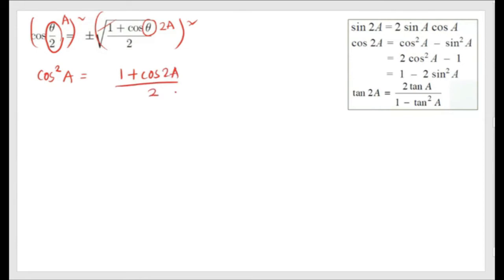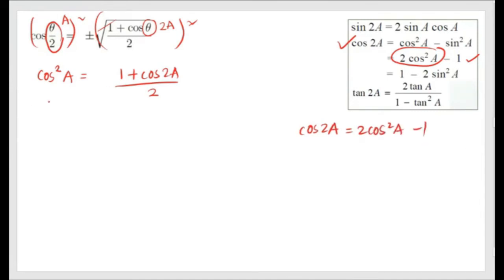So which formula are we going to use? Cos square a and cos 2a. So the second formula for cos 2a is suitable: cos 2a equal to 2 cos square a minus 1.